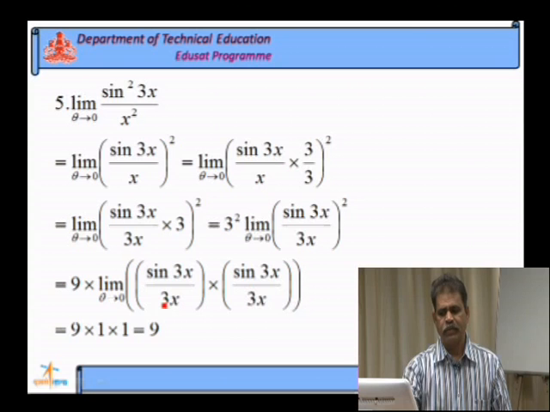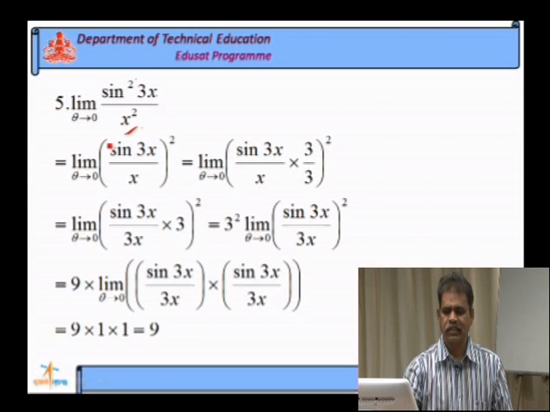limit of sin square 3x divided by x square. Both numerator and denominator are having squares, right? Therefore, you take it as sin 3x divided by x whole square. I take them as a whole square. You look at the bracket.